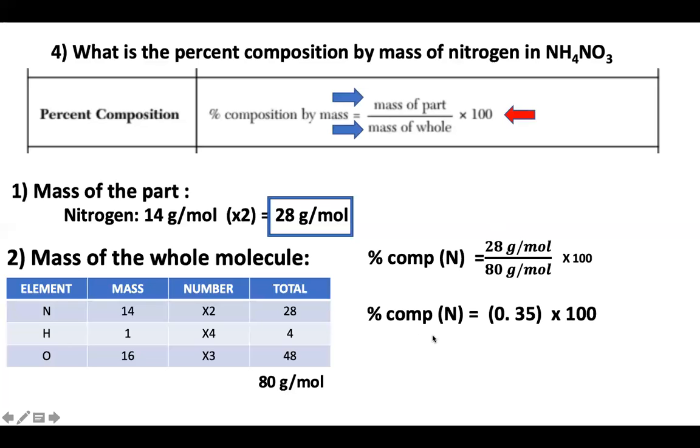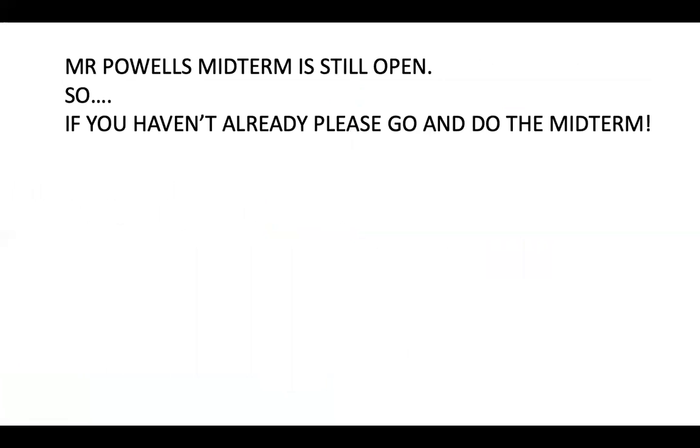So when we divide, we get 0.35 times 100. That means we move the decimal place over twice since we're multiplying by 100. And you get 35%. So nitrogen is going to be 35% of that molecule. A little bit over a third.